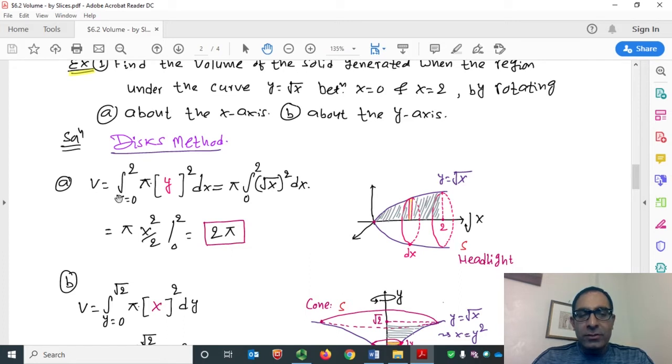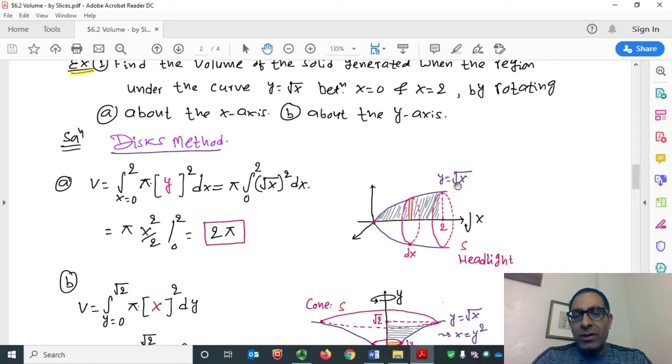So the volume equals, our stripe width is dx, so we are integrating with respect to x. So the volume equals the definite integral, x limits from 0 to 2, of pi times radius squared. Our radius is this height from the axis of rotation to the function here.